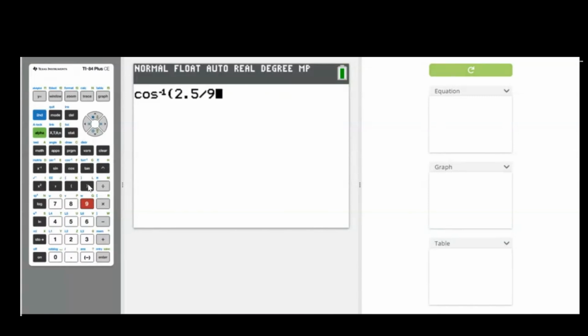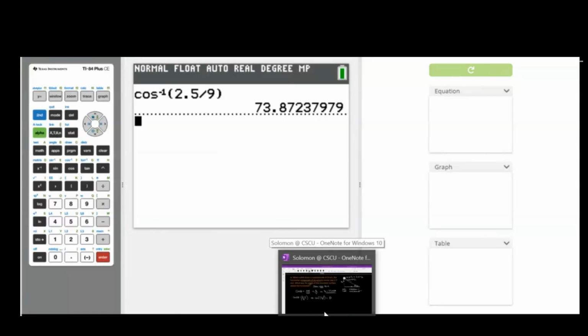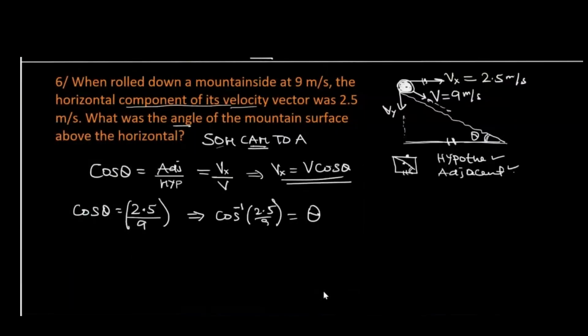If I hit enter, this is 73.87 degrees, approximately 73.8 degrees. So this is the angle.